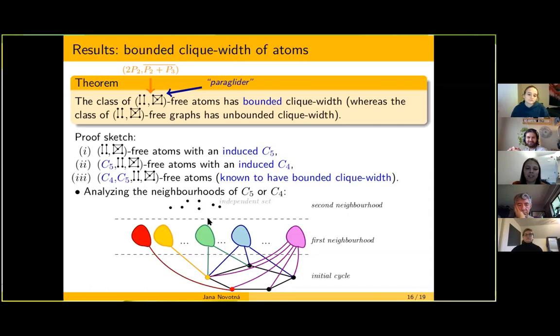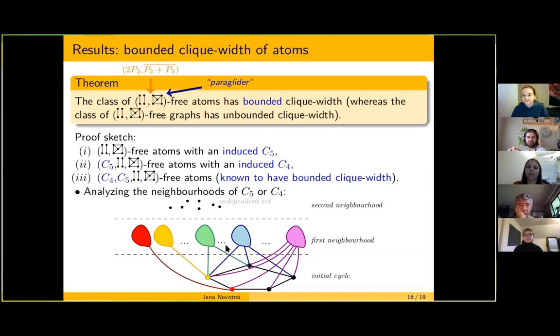Okay, so we partition the first neighborhood into sets according to which vertices they see in the base cycle. For example, the red set are vertices which see exactly this one vertex in the cycle. And what we would like to end up with are some nice relations.